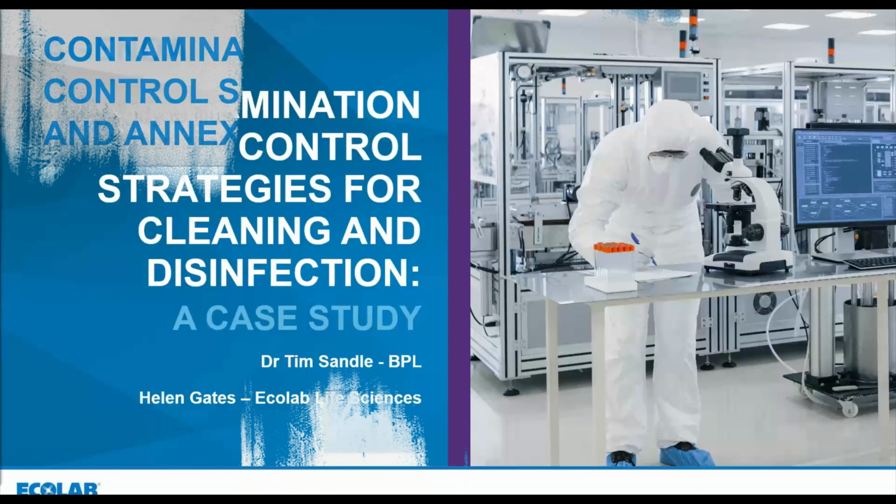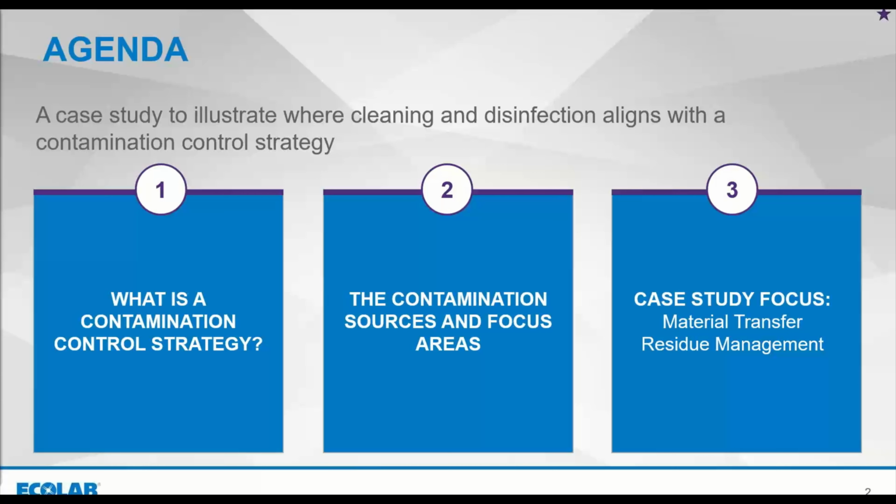So what we're going to be covering today in this webinar is, first of all, introducing what the contamination control strategy is, and what the fundamentals are that we need to be considering. Then, how this fits in with cleaning and disinfection.